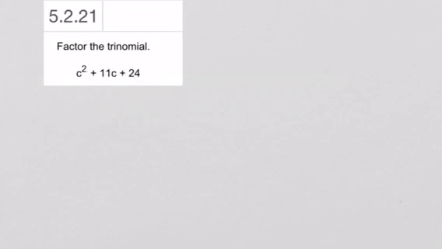Alright, let's look at one more of the factoring trinomials where there's just a coefficient of 1. So again, we have c squared plus 11c plus 24. Because my number in front of the c squared is a 1, I can go ahead and just write down my two binomials.